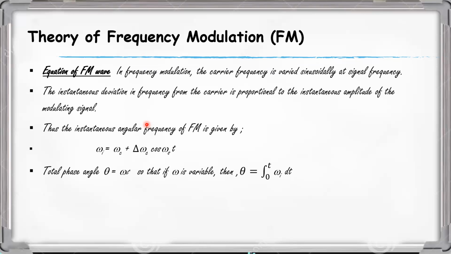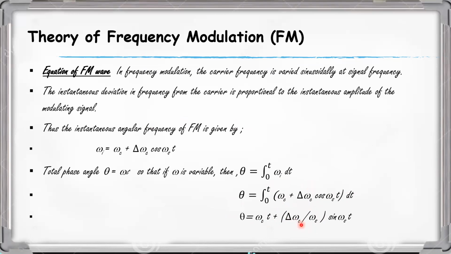Then we substitute the value of omega i here. We can express theta as the integral from 0 to t of omega c plus delta omega c cos omega st dt. Integrating these two terms separately, we obtain theta is equal to omega c t plus delta omega c sin omega st divided by omega s, where omega s is given here.